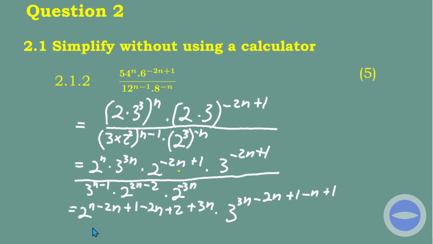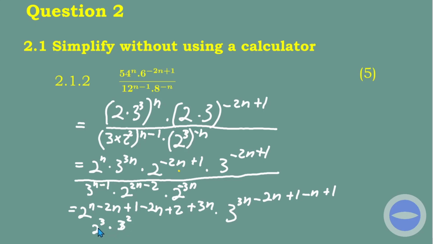Then this side I am left with only 2 exponent 3, because here I've got 1 plus 2, which is 3, then 2 exponent 3, then in 3 here I have 3n, I have n, so we'll make positive 2n, and then 2n minus 2n, this will make 0, and then 1 plus 1, and then I have 3 squared.